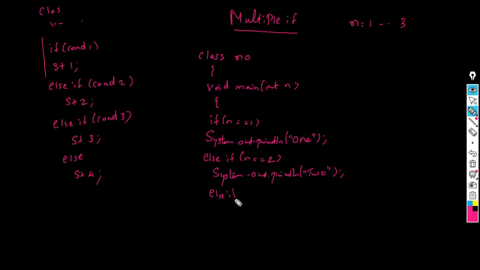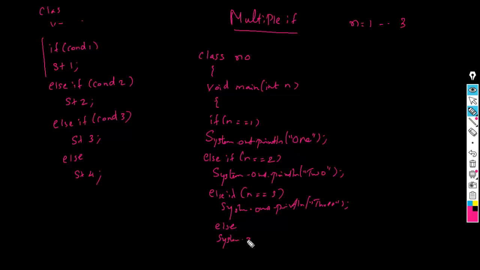Else if n equal to 3, System.out.println, I write 3. So if all the three conditions fail, I go with the else statement.